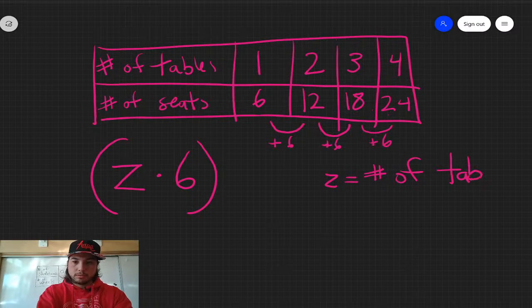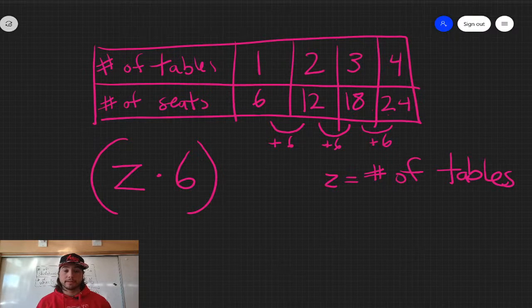It is important to label what your variable is so we know, right? If z equals the number of tables, then to find out the number of seats, you do z times 6. So if we had, again, 12 tables in our restaurant, how many seats would we need? Right? Substitute in the 12 for that z because we're trying to find out 12 tables, and then simplify and use multiplication.